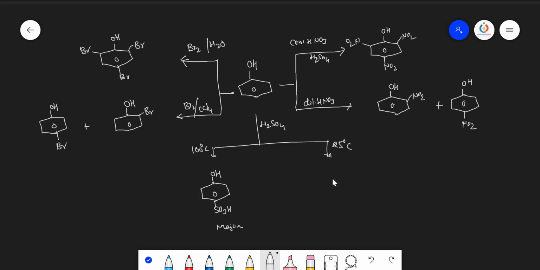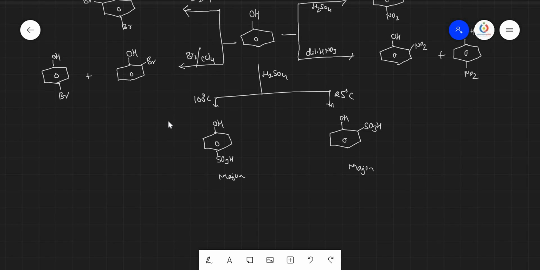Both will be formed in both cases. And if low temperature is used, OH, SO3H as the major compound. Here also this compound will be formed. But major is para here and major is ortho there.